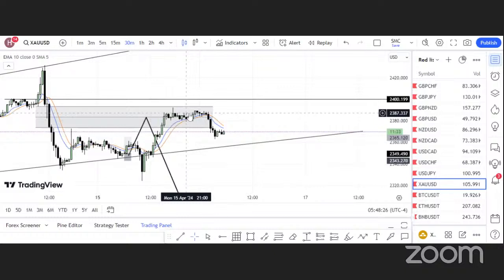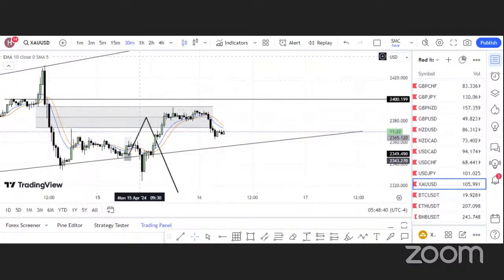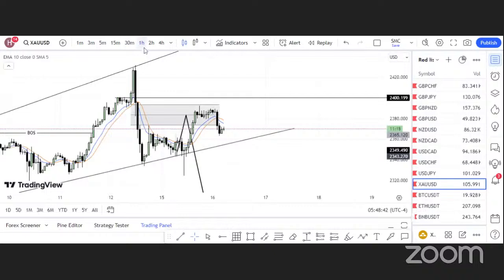So even after several attempts to break this level, you see, the attempt was unsuccessful, and then gold started selling.